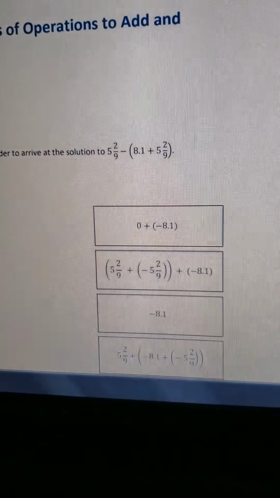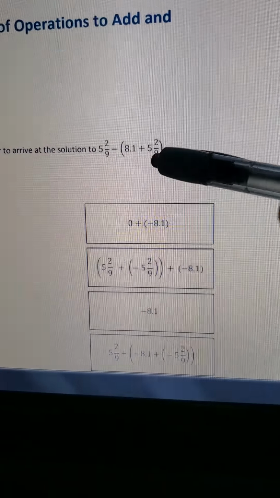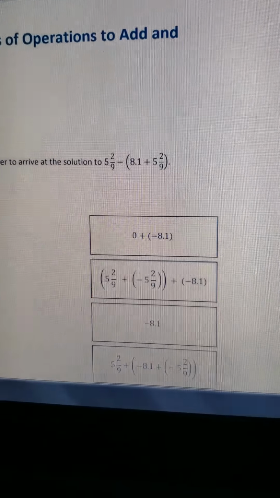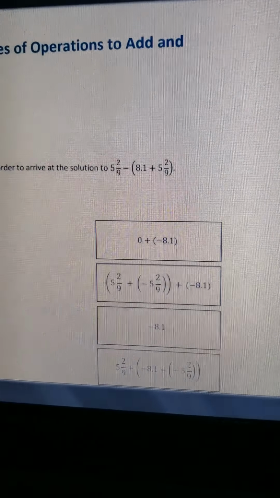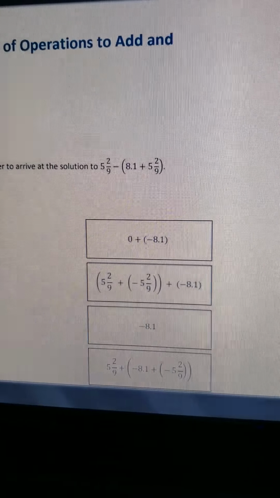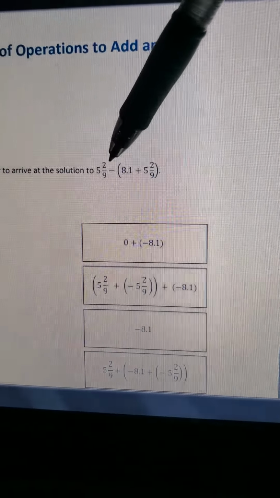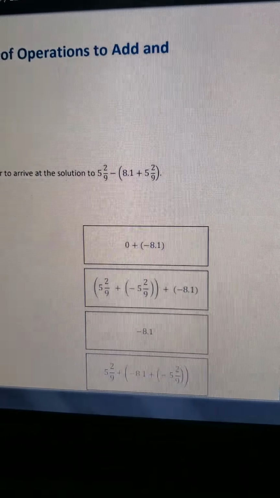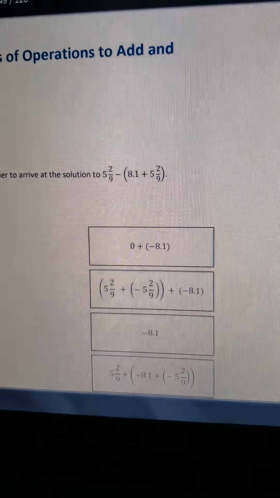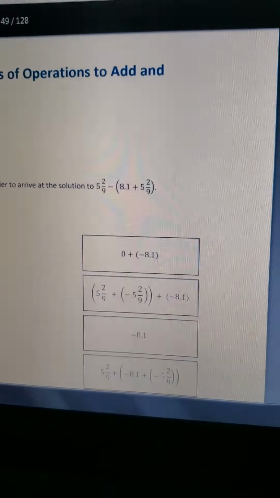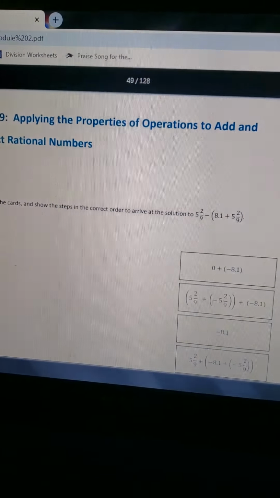So we have a positive 8.1 and a positive 5 and 2/9. Both of them you have to change. If this was a negative 5 and 2/9, you would change it to positive. But since they're both positive, when you change this into a plus, both those numbers are going to become negative. So let's go ahead and do that, and just that step, and when you're ready, let's continue.